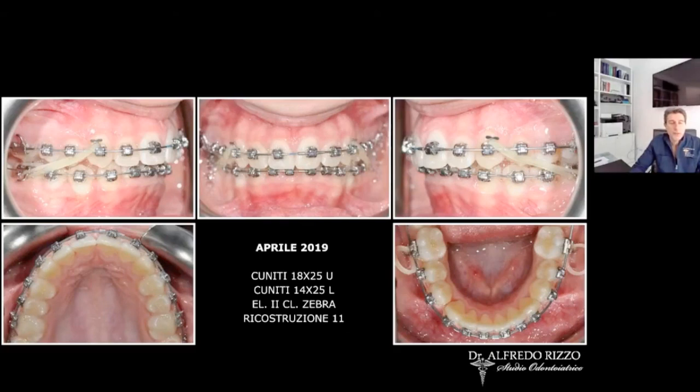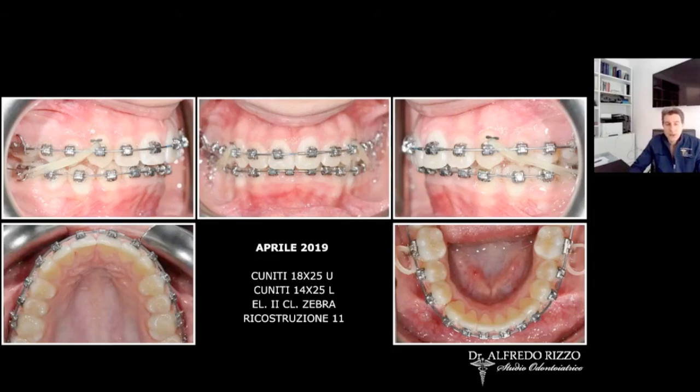In April, Copernicti 18/25 in the upper and Copernicti 14/25 in the lower. We see already the alignment of the two arches relative to the occlusal plane, and virtually simply Copernicti wires allowed to correct the deep bite.